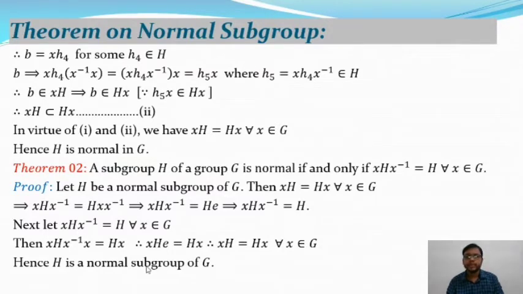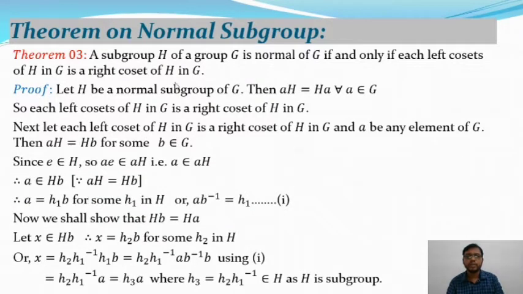So after that we will take the third theorem on the normal subgroup. A subgroup H of a group G is normal in G if and only if each left coset of H in G is a right coset of H in G. So here is the proof of the above theorem. Let H be a normal subgroup of G, and then aH is equal to Ha for all a belongs to G. This is the definition of the normal subgroup.